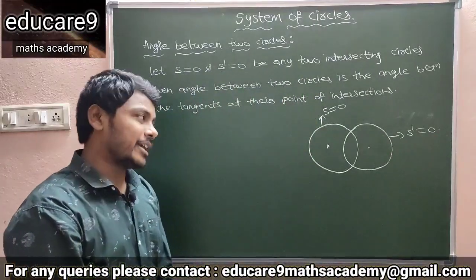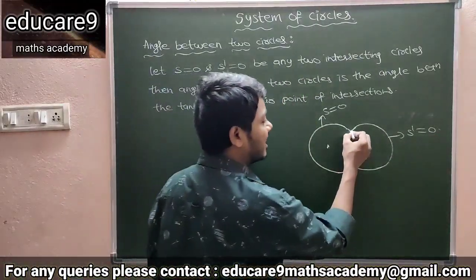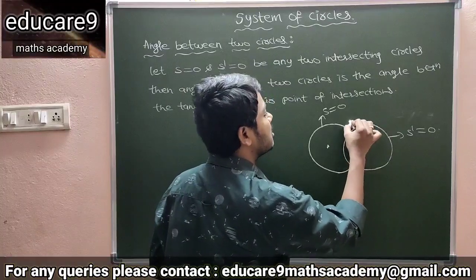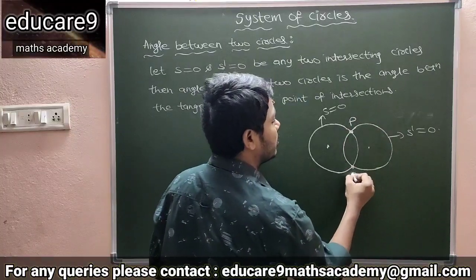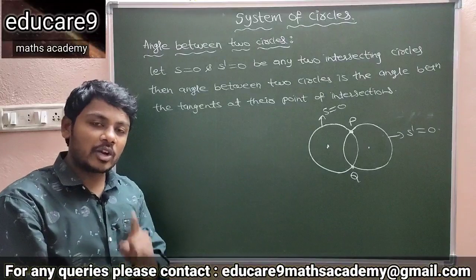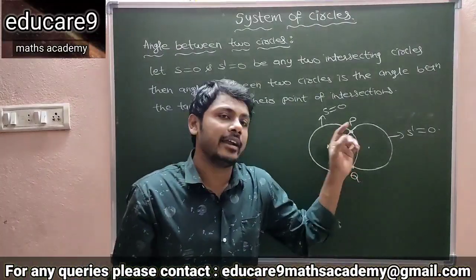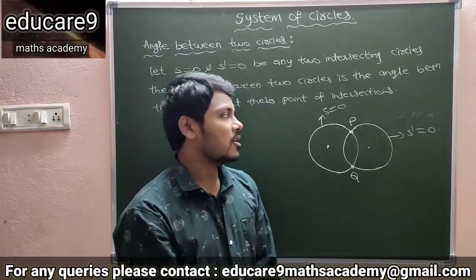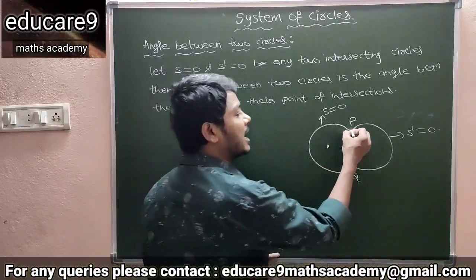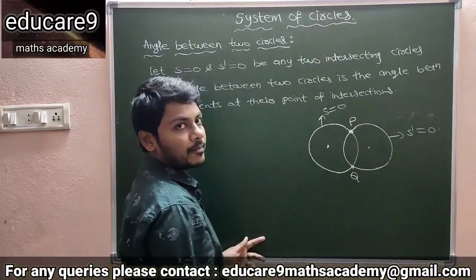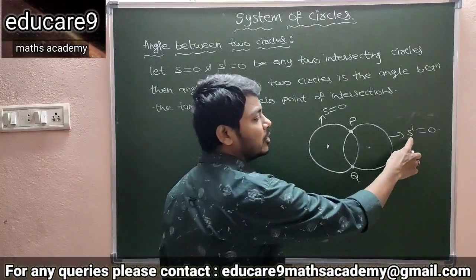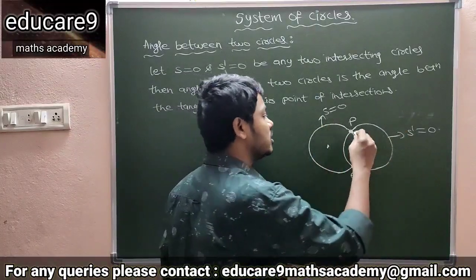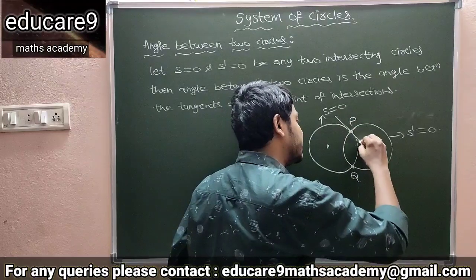Clearly these two circles intersect at two distinct points, say P and Q, and you have to draw the tangent line at their point of intersection, either P or Q. For example, draw the tangent line at this point to the circle S equals 0. So this is the tangent line.